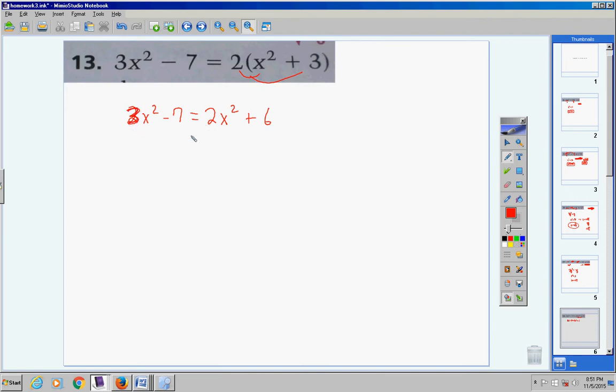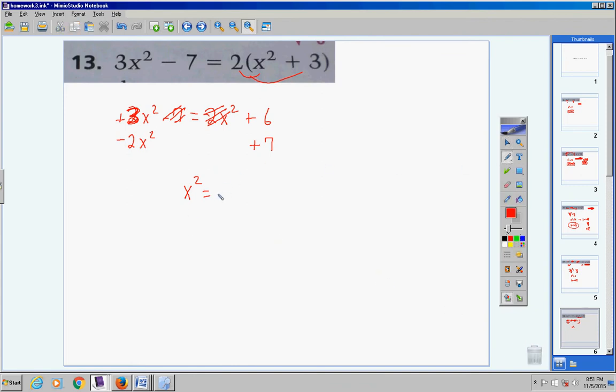Next step, get all of your x squared terms on one side and all the other terms on the other side. So I'm going to bring this over and make it a negative 2x squared. I'm going to bring this negative 7 over and make it a positive 7. So positive 3, negative 2 is 1x squared. If you don't want to put the 1, you don't have to, okay? In fact, I'm not going to. But you can if you want to, it's okay.